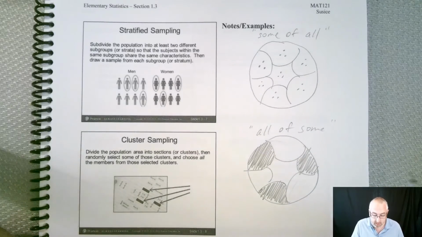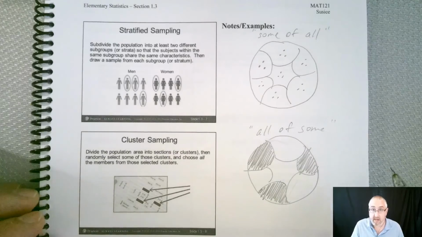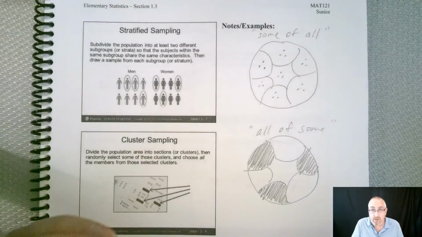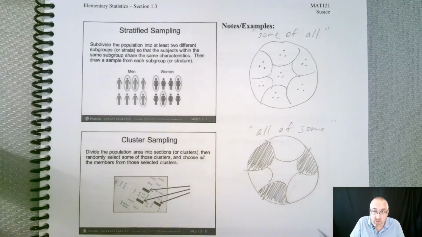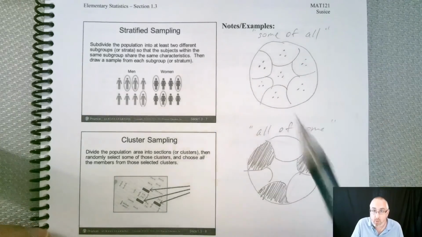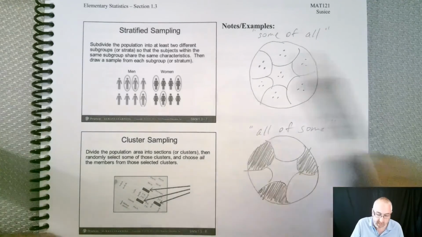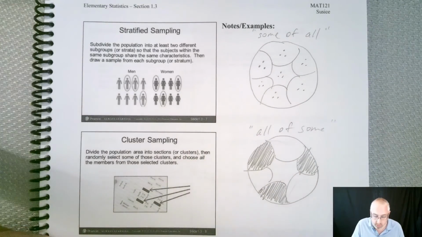That way, like I said, it helps keep them separate. The biggest thing is that there are 2 layers to the sampling process. The first layer is subdividing it into smaller groups. And then the second part is you're taking a little bit of all of them, or you're taking all of some of them. So hopefully that helps.